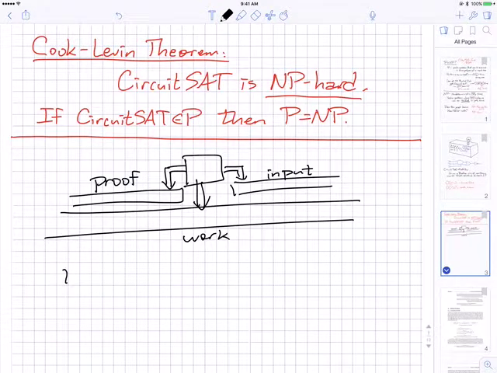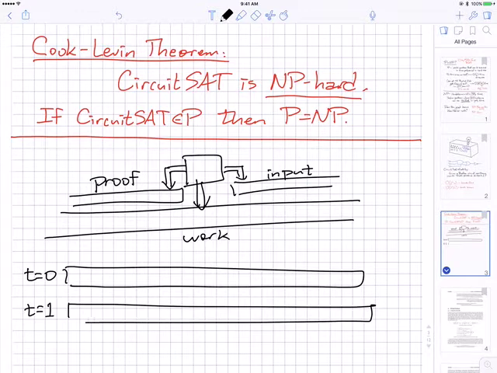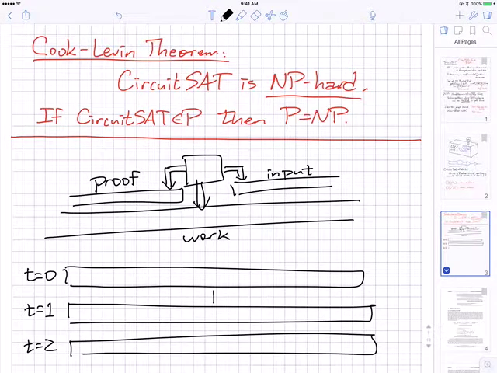Right, so you say, okay, here's the Turing machine tape at time t equals 0. Here's the Turing machine tape at time t equals 1. Here's the Turing machine tape at time t equals 2. And going between these layers, you have some complicated Boolean formula stuff, which encode the state transitions of the finite state control of the Turing machine.